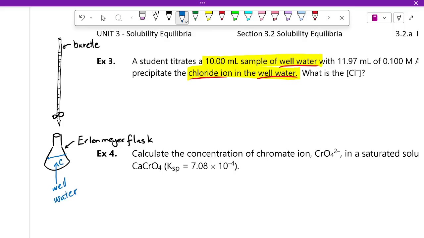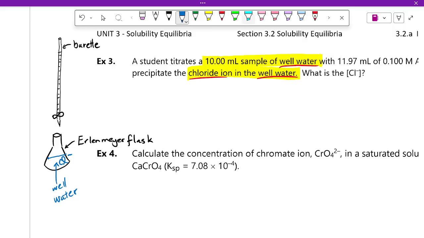And it contains chloride ion, Cl-. There's also positive ions in there, probably some sodium, probably some calcium, who knows what. Okay, but the chloride ion is floating around because it doesn't precipitate with anything except for silver, lead, and copper 1. So the chloride is floating around in there, and we've got some positive spectator ions, but we don't care what they are.